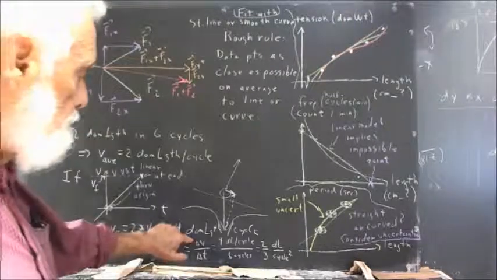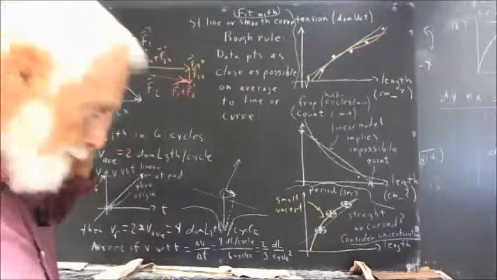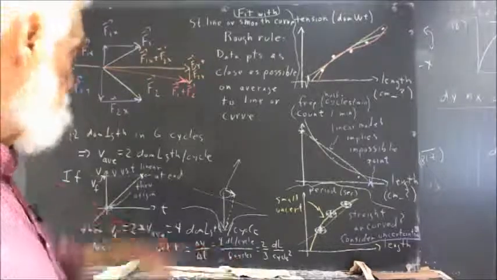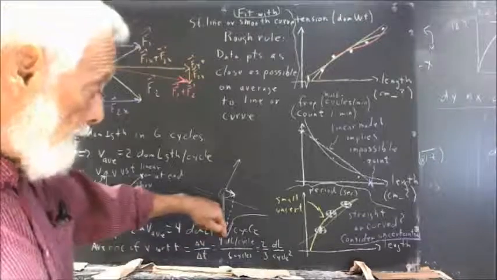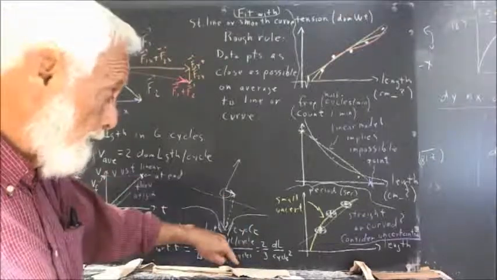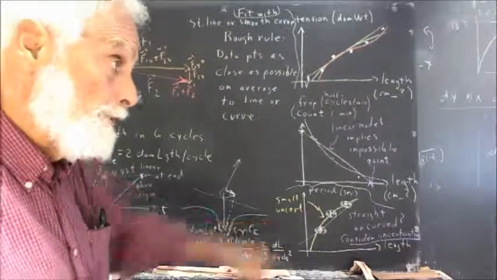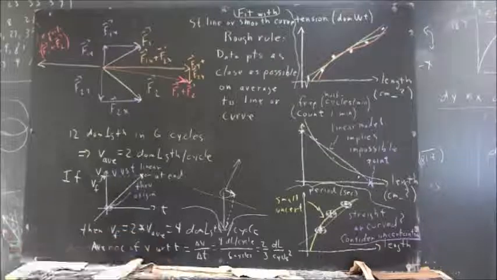So, the change in velocity starts at 0, ends up at 4 domino lengths per cycle, and the time interval is 6 cycles, so 4 over 6 is 2/3, and we have domino lengths over cycles divided by cycles. That's going to give us domino lengths over cycles squared.